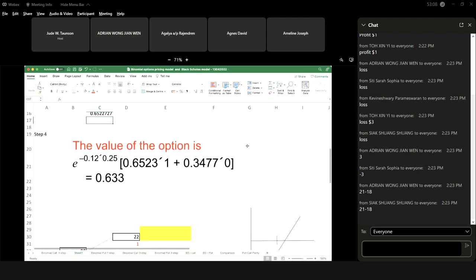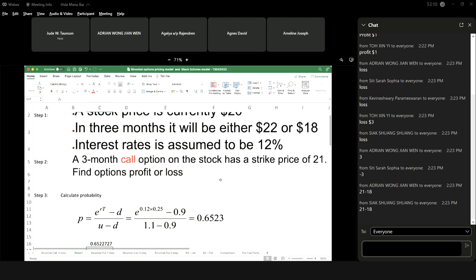You might want to ask, how do I get 0.9? How do I get 1.1? This one, up and down.